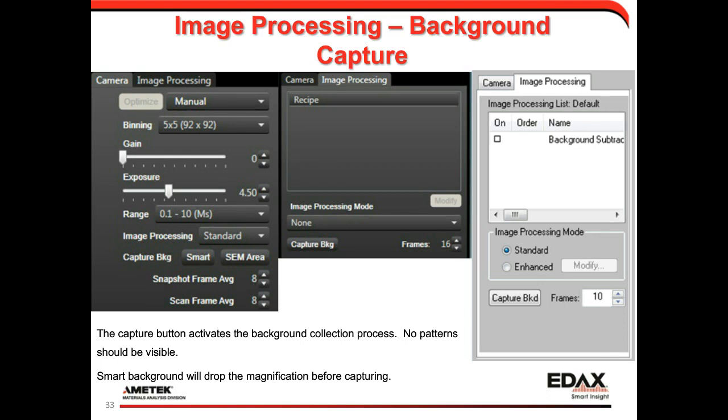The standard background, the SEM background, just does the area that the SEM is currently at. Our systems can basically have full control of most of the settings for the SEM. In this case, the magnification is one of them. Zoom out, take a background, put it back in: the smart background. Anytime you do one of the optimized routines, it'll always do a smart background. Be aware of that, again, if you're near the edge of the sample.